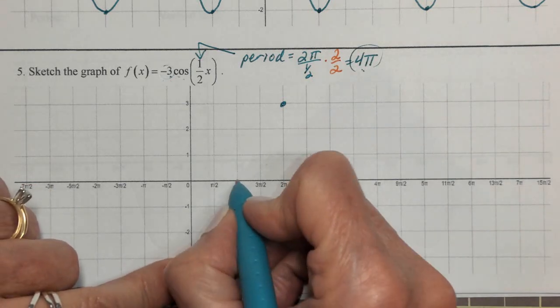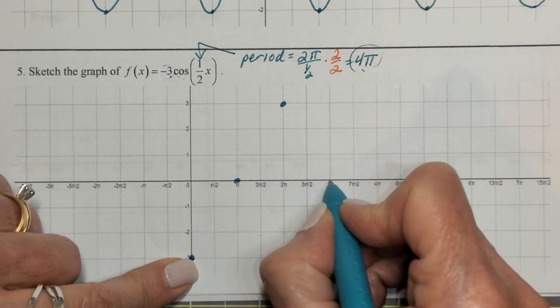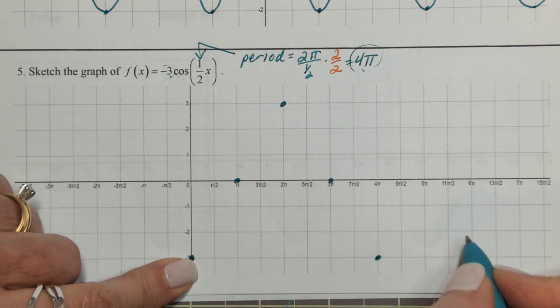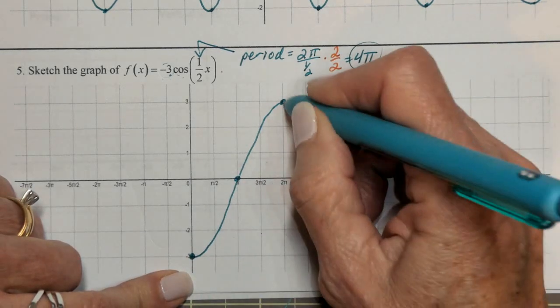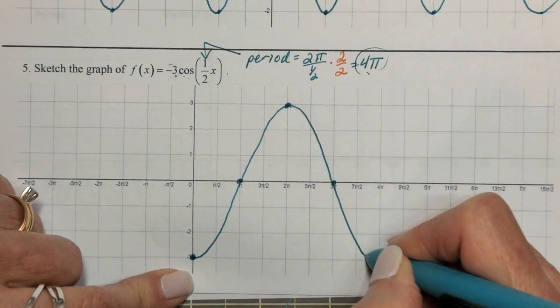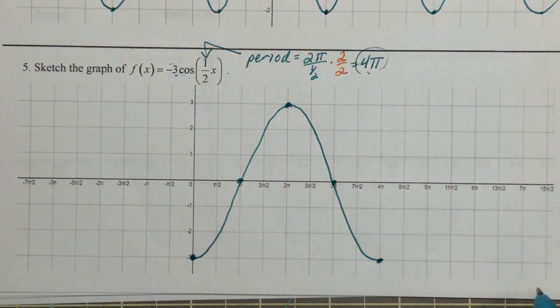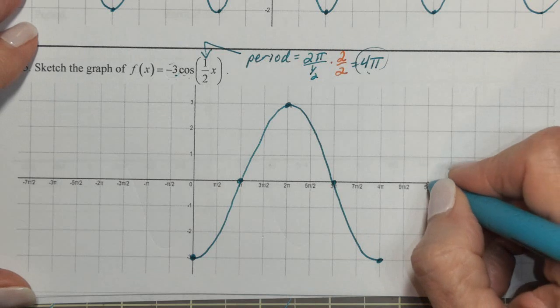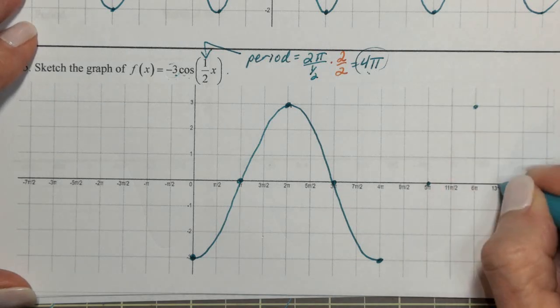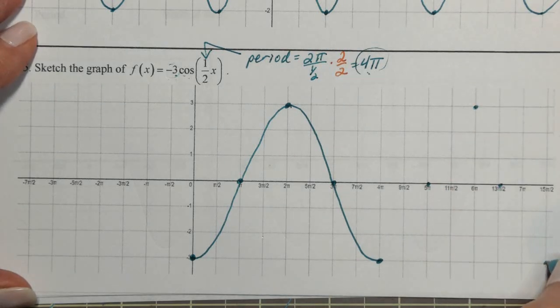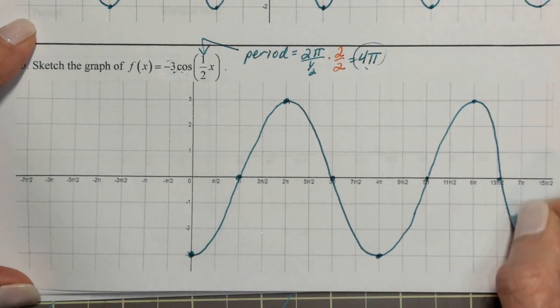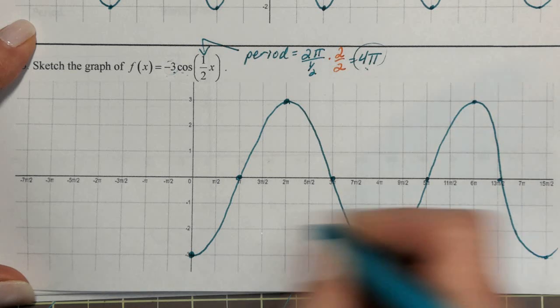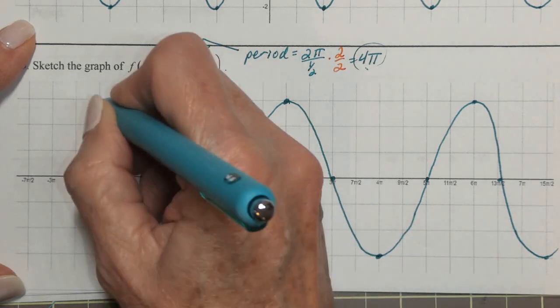Half of that, I'm at 0. Like that. So 1 period of this function looks like this. And now I just continue that pattern on the right and on the left.